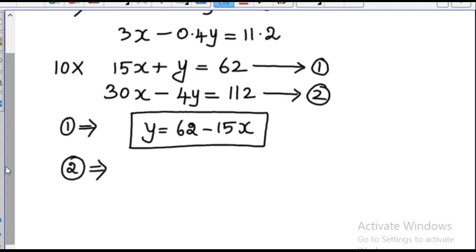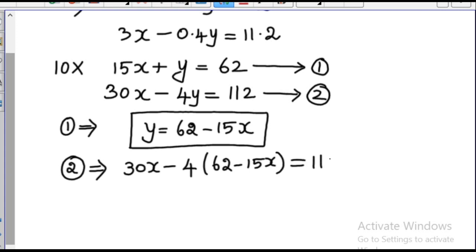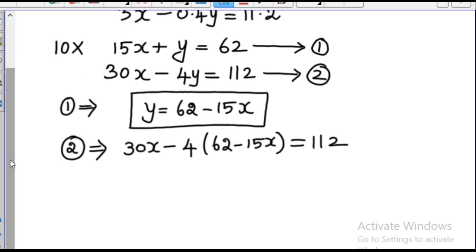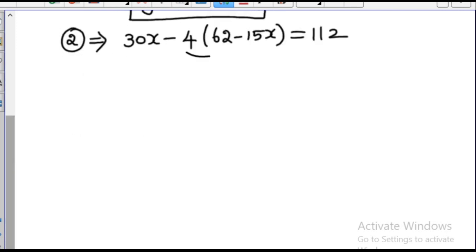What is our second equation? 30x minus 4y. Y value is what? 62 minus 15x is equal to 112. Okay. So now you should multiply with 4. So what do you get? 30x minus 4 into 62.